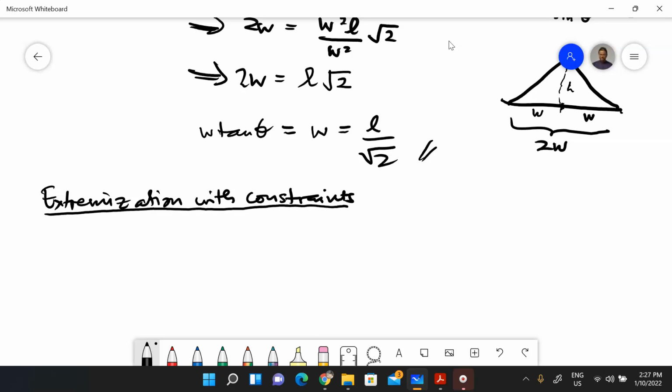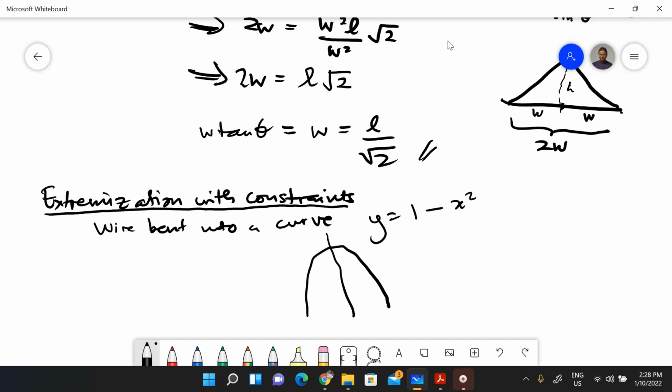The idea is we have a wire bent into a curve. And the curve is given by y equals 1 minus x squared. So what one needs is some kind of wire in this way. Sorry for the horrible diagram, but that's an inverted parabola there, because of the minus sign here.